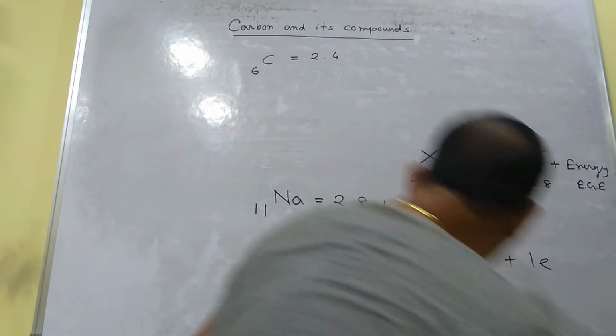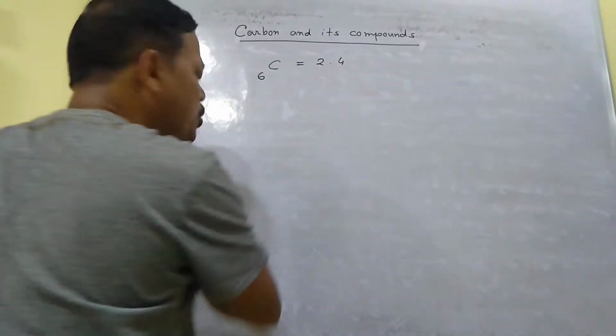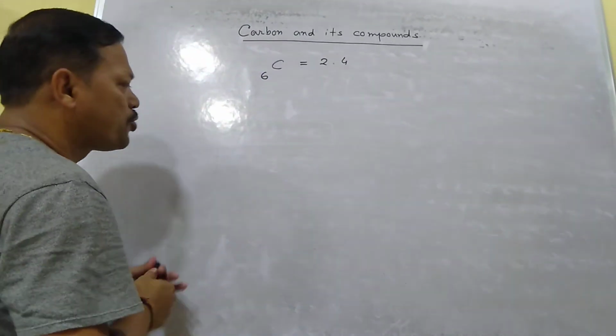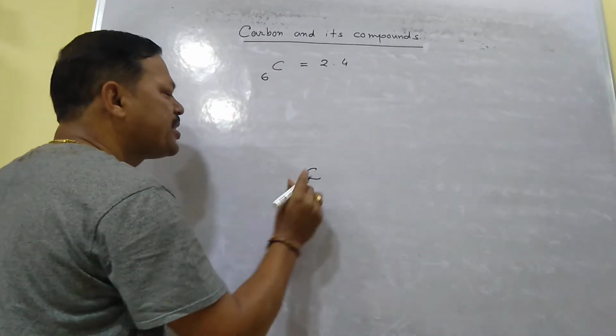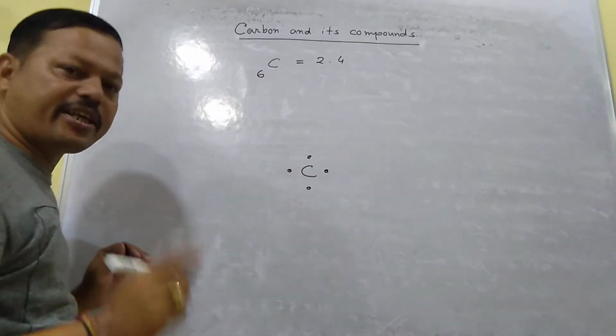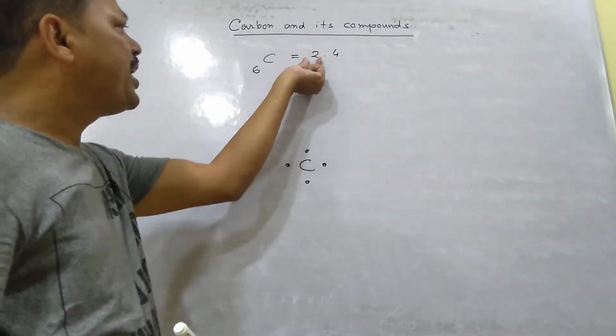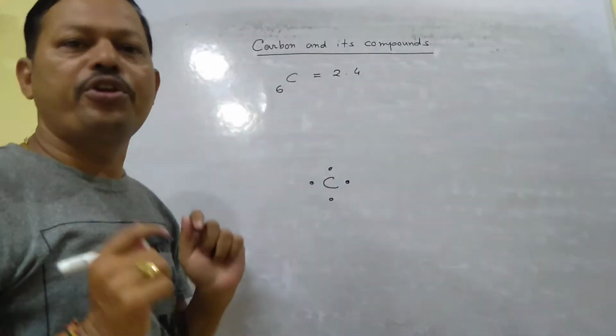So that is why carbon, to complete the octet, so this is your carbon, since it contains 4 electrons in the valence shell, and I think you know only the valence electrons take part in bond formation. The inner shell electrons do not take part in bond formation.